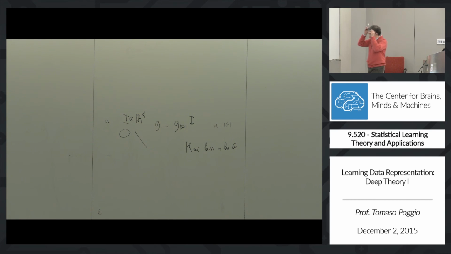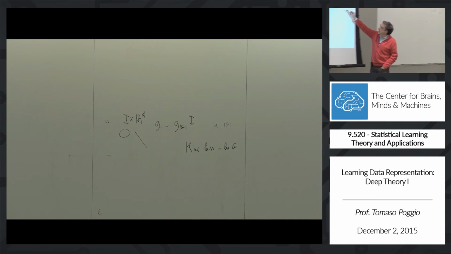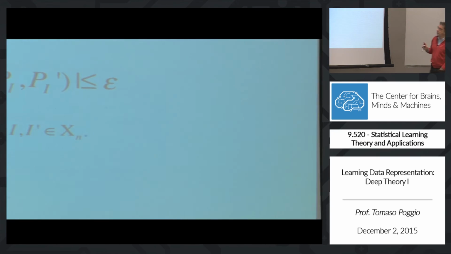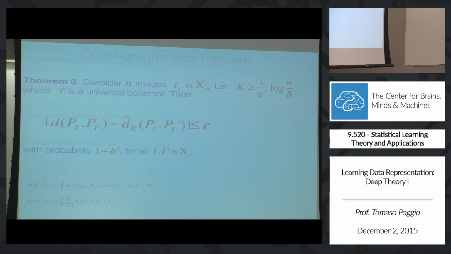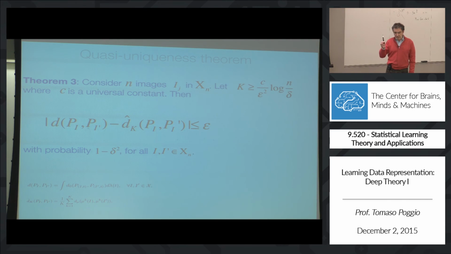But this is one way to get results like this. The way we got it, we used a theorem called the Cramer-Wold theorem that says that I can represent a high-dimensional probability distribution in terms of potentially an infinite number of projections on arbitrary random templates.